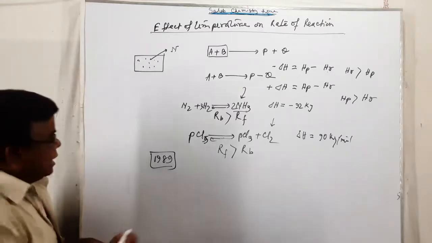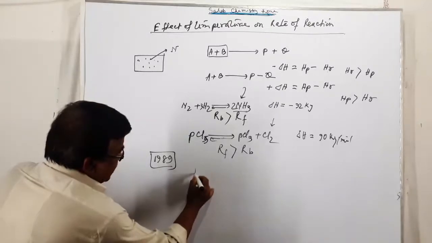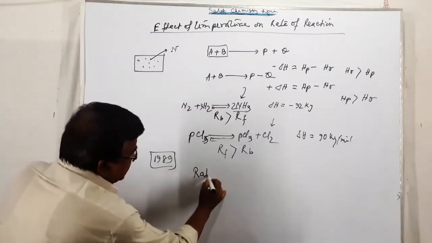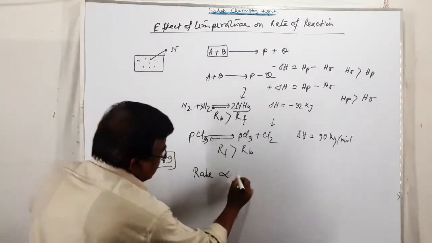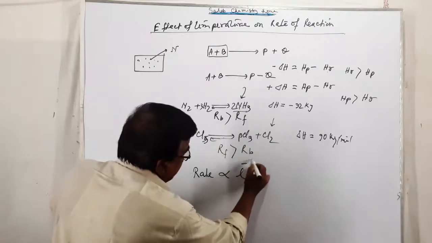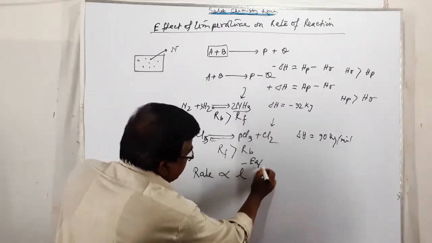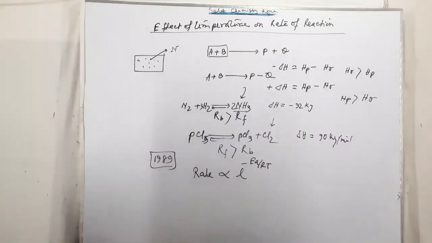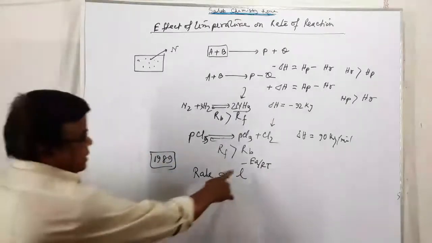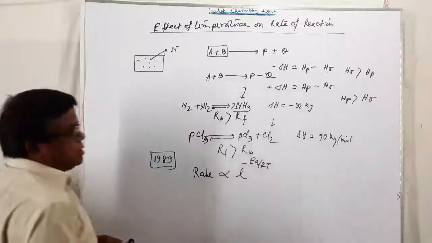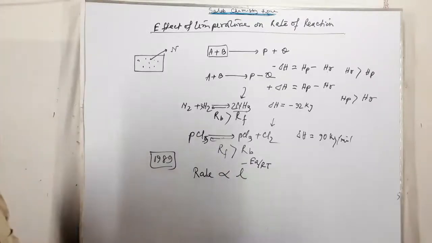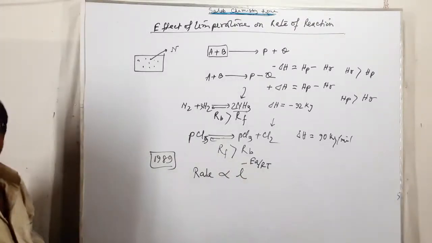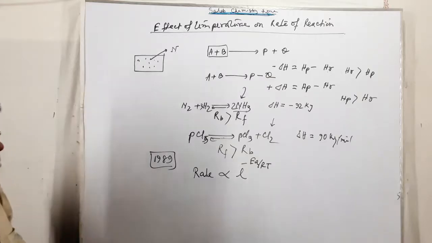In this case the rate is directly proportional to exponential of minus EA by RT, where EA is the activation energy, R is the molar gas constant, and T is the absolute temperature.